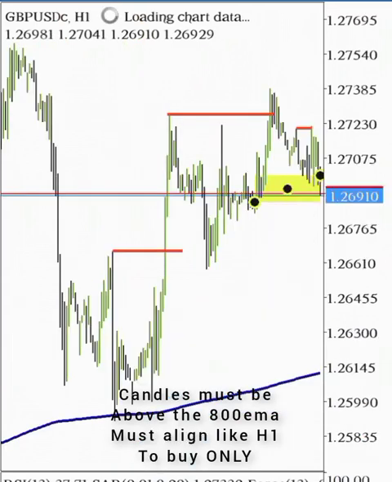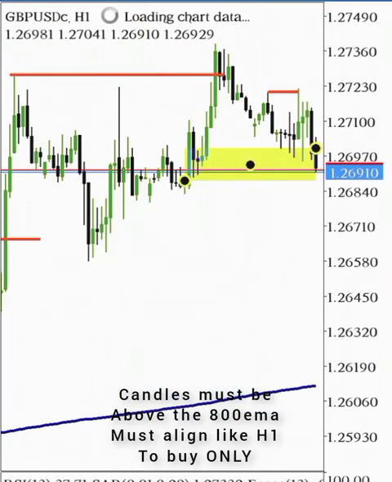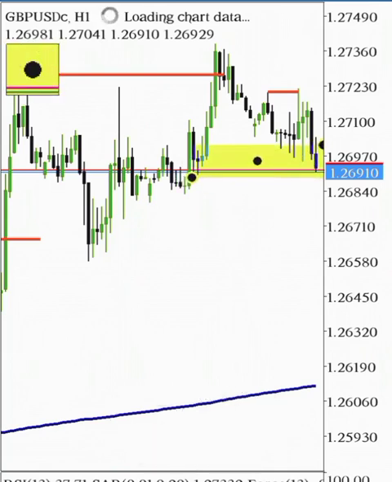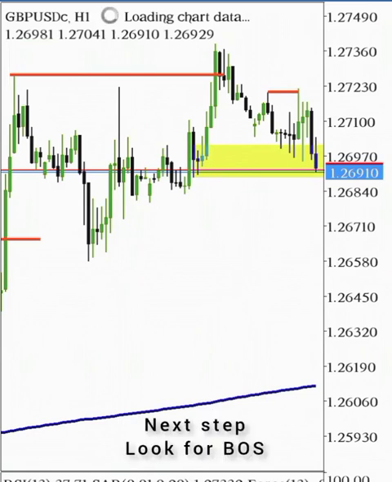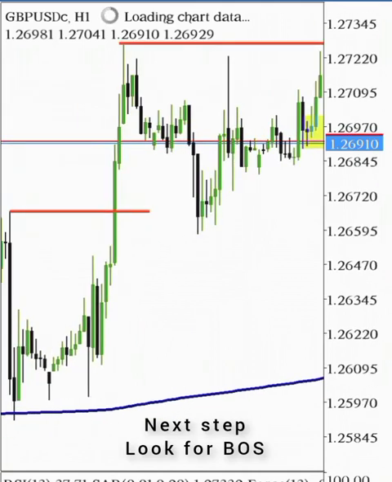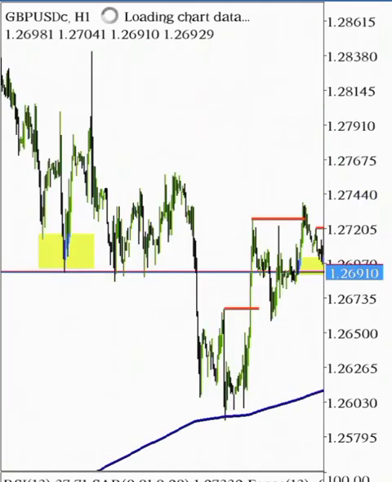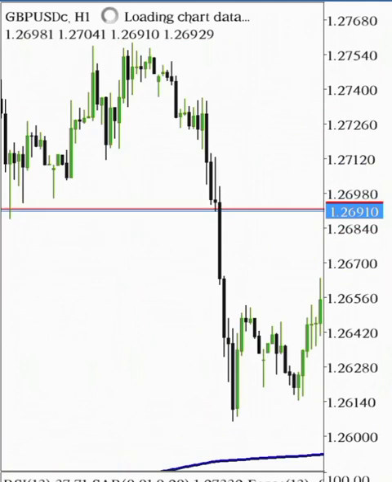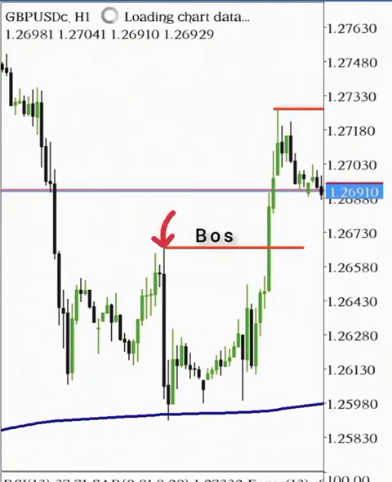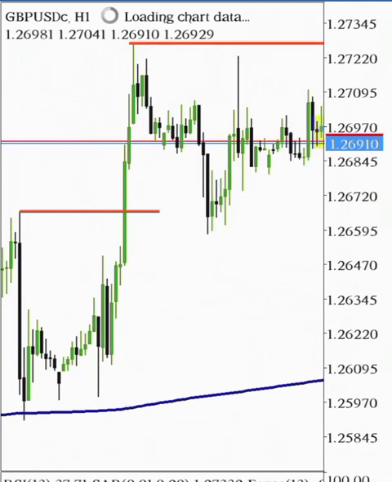Once you have marked it, I marked it with my yellow highlight. That tells us that each time we have a break of structure, we are in an uptrend. The market will break a high. It will keep breaking highs to the upside. You can see this high was broken.